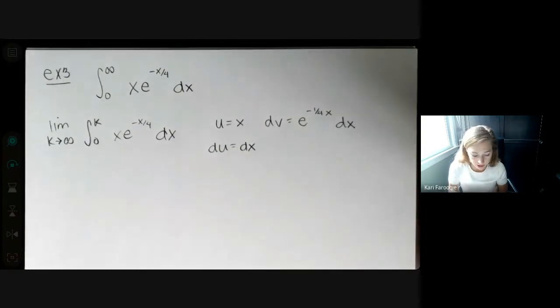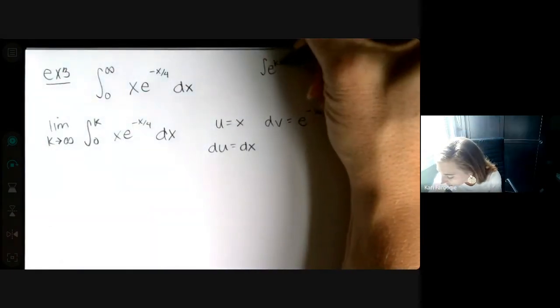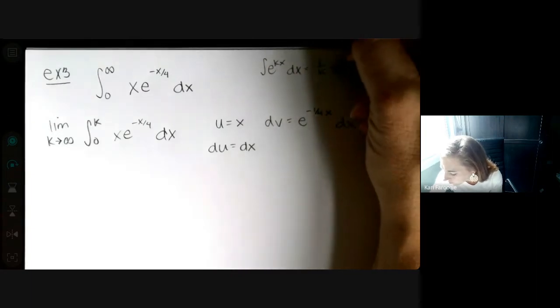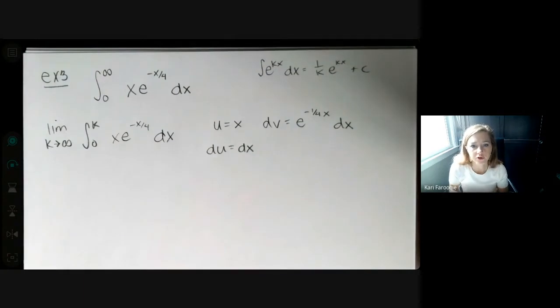Now, remember that when you're integrating your exponential function, I think I wrote this down a while ago, I want to remind you: the integral of e to the kx will be 1 over k e to the kx plus c. So that's what I'm going to use here.